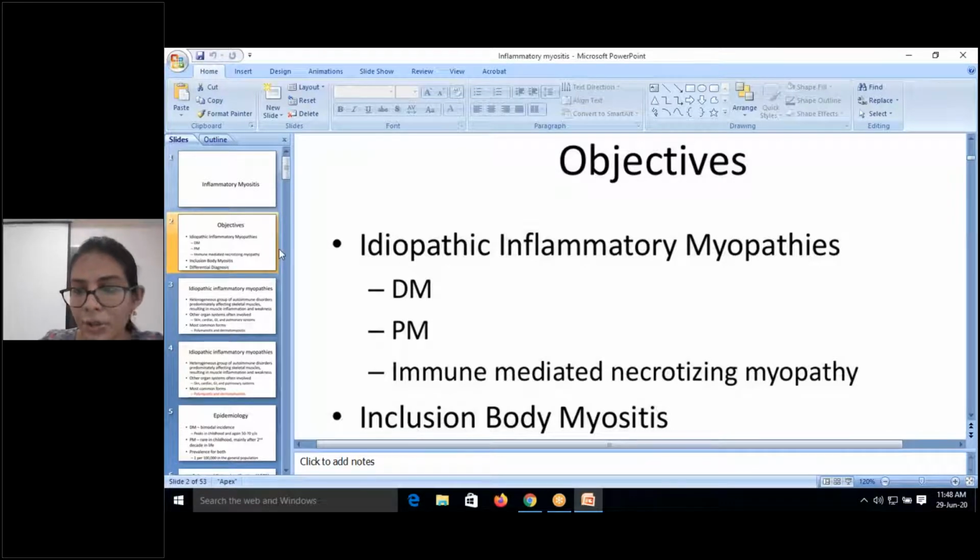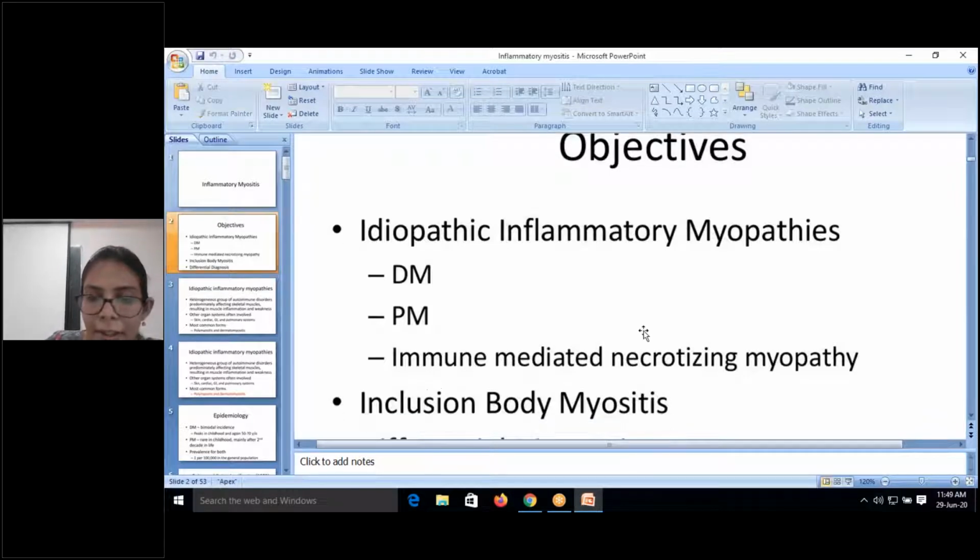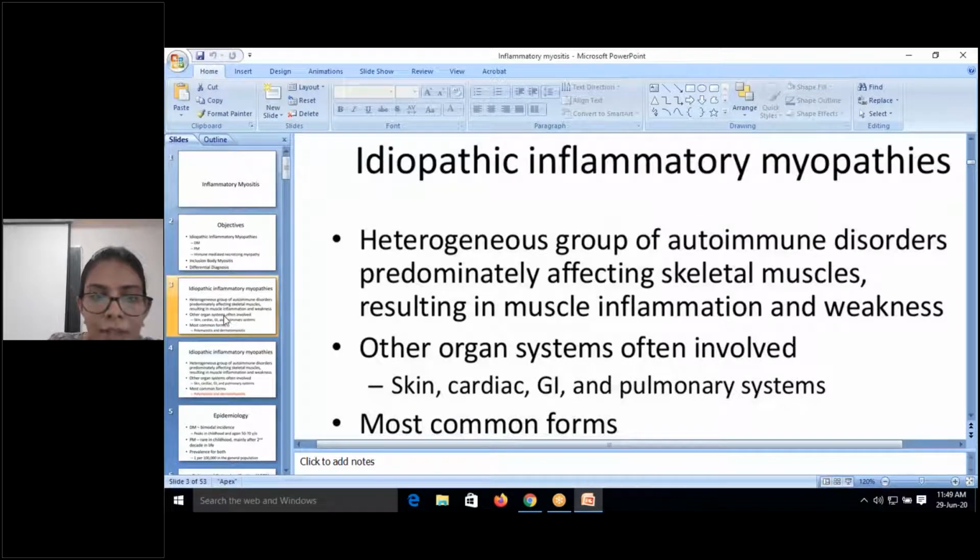Okay, I will tell you, and I will adjust the slide according to the way I am telling. So IIM is nothing but idiopathic inflammatory myopathy, which includes dermatomyositis, polymyositis, immune-mediated necrotizing myopathy, and inclusion body myositis, as I already gave you the introduction. It is a heterogeneous group of autoimmune diseases predominantly affecting the skeletal muscle, resulting in muscle inflammation and weakness.